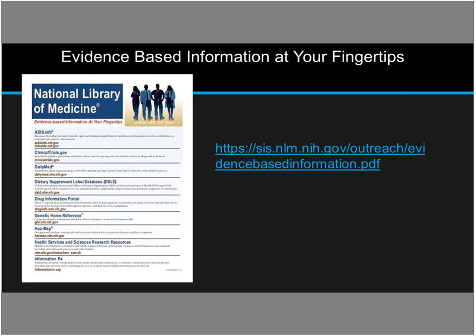You can also get to any of these databases and online services through any computer connection. This slide is a promotional flyer that contains links to some of those sites and databases. The link to the right is the link to the PDF file that you would be able to print out yourself.